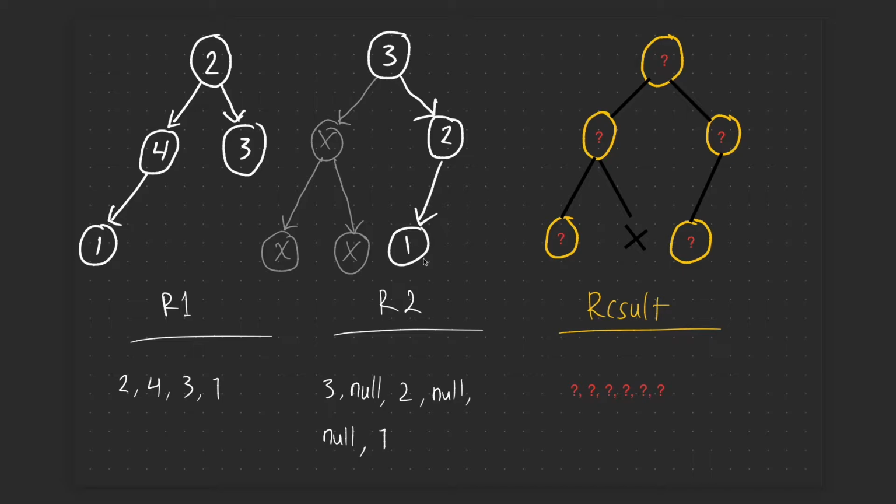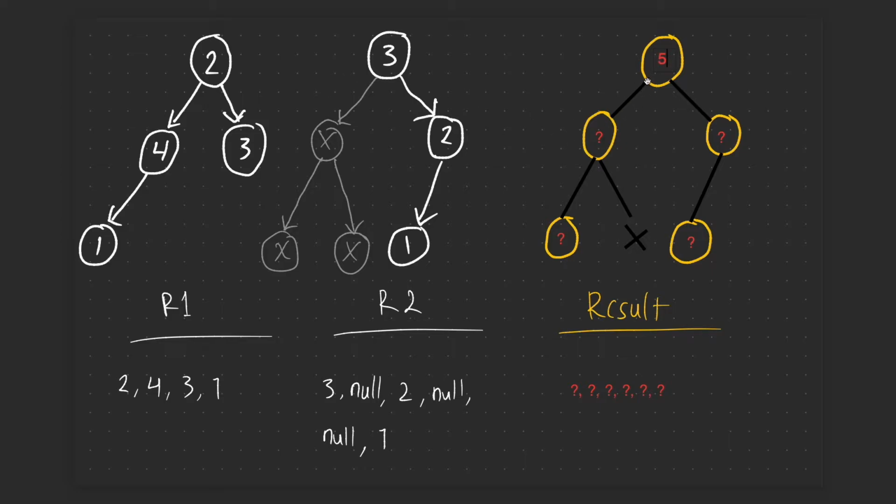Let's try to merge these two trees. First, we sum the first value of the trees, which is 2 plus 3, should be 5.